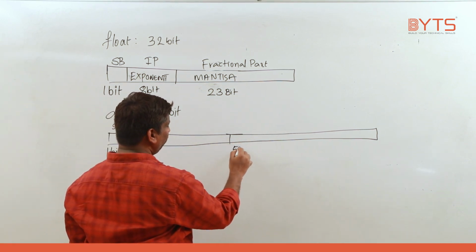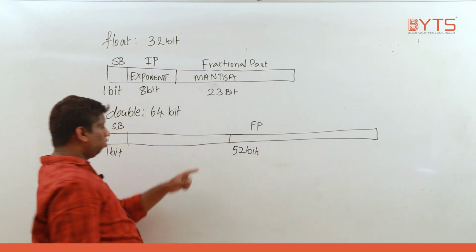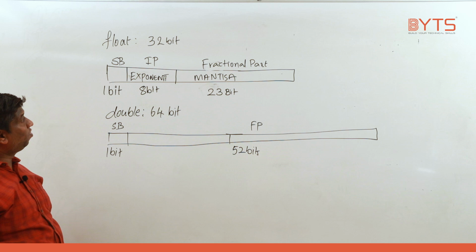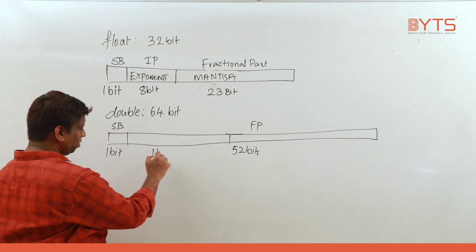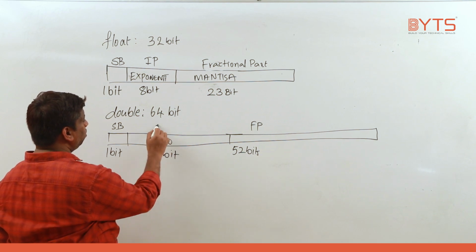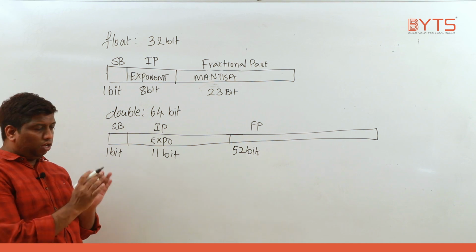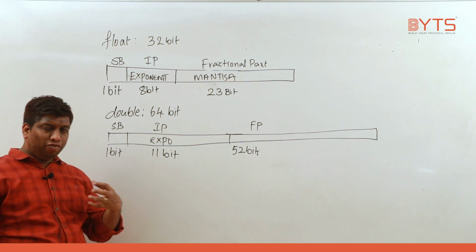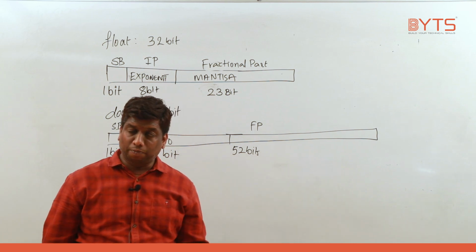Well, 52 bits for the fractional part. So 52 plus 1 will give you what? 53. 53 should be removed from 64. That will become how many? 11 bits. This is for the exponent, the integral part.